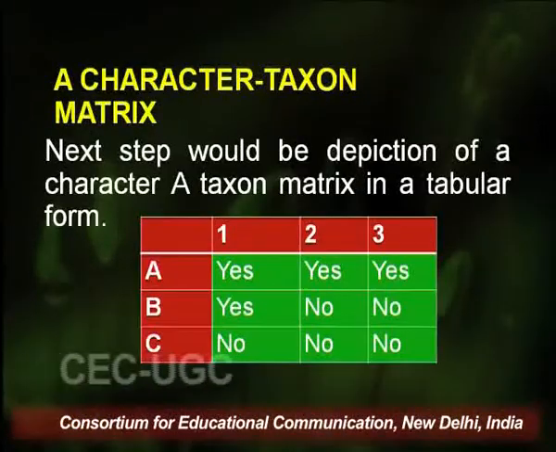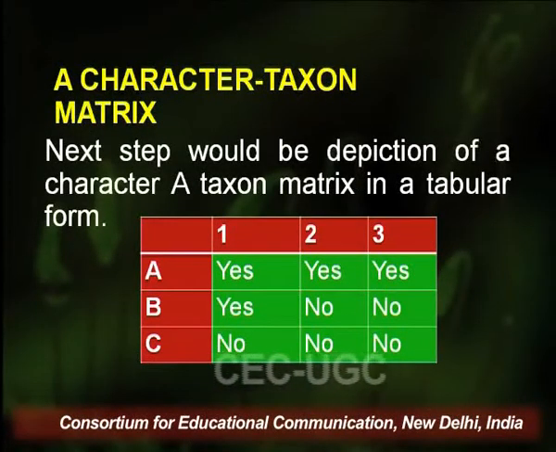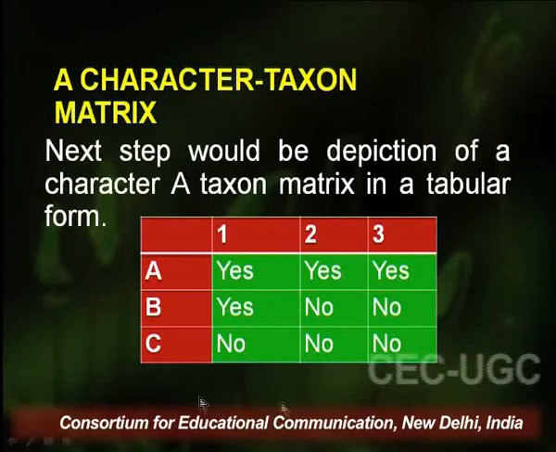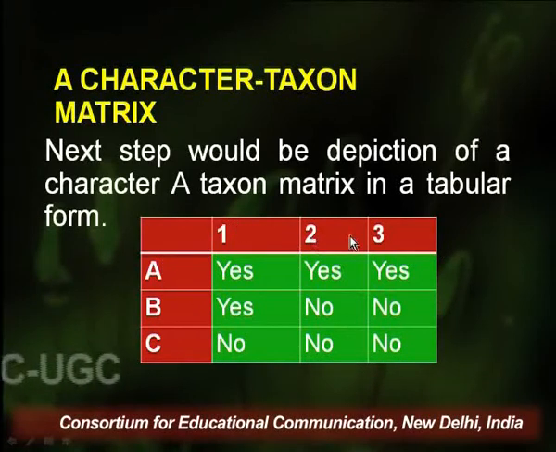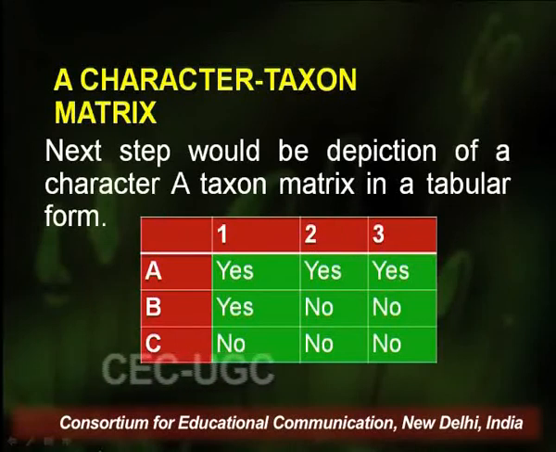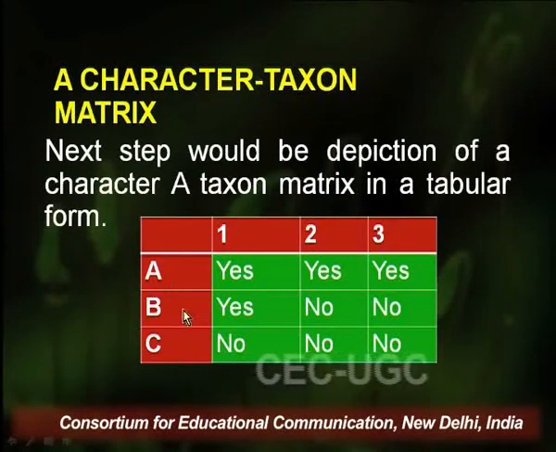So once we have found the characters, the next step would be depiction of the character taxon matrix in a tabular form. Here, I talked about 3 taxa and their 3 arbitrary characteristics. So we basically make a character taxon matrix.